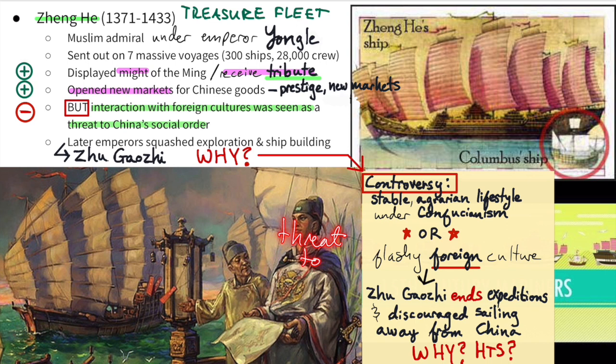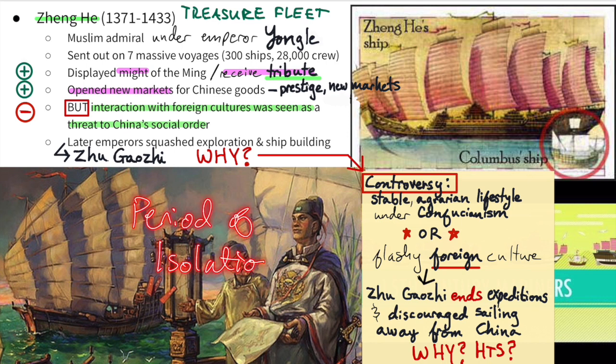We don't need these flashy foreign cultures coming in and polluting what we have. And so later emperors, like the son of Yongle, Zhu Gaoji, ended these expeditions and also highly discouraged sailing away from China. So we see the beginnings of a period of isolationism within the Ming Dynasty.